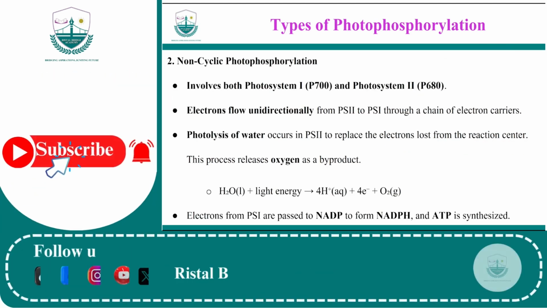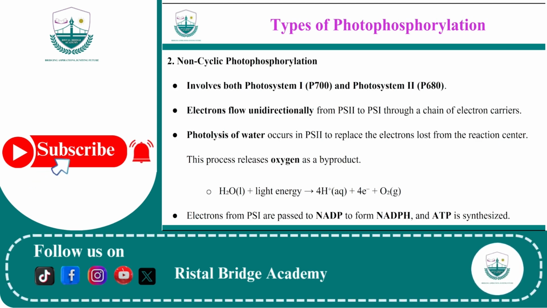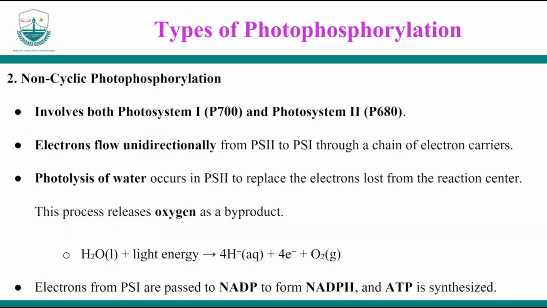Okay, so the non-cyclic phosphorylation involves both photosystems, photosystem 1 and photosystem 2. The electrons flow in one direction, that's what we mean by unidirectionally, from photosystem 2 to photosystem 1 through a chain of carriers. And still, you will have photolysis of water happening. That means water is being split.